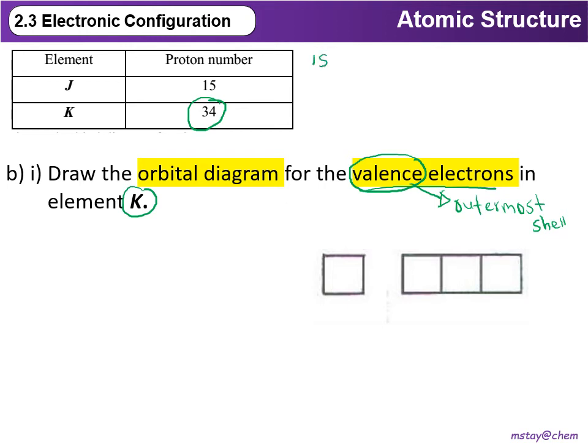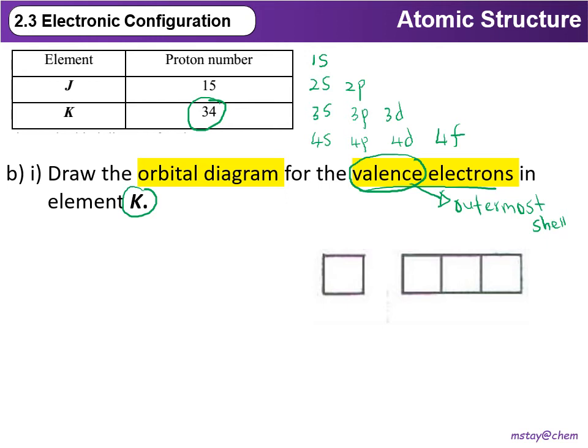Write down 1s, and then in the second shell we have 2s and 2p. Third shell we have 3s, 3p, 3d. Fourth shell we have 4s, 4p, 4d, and also 4f. I think all this is enough to fill up 34 electrons.